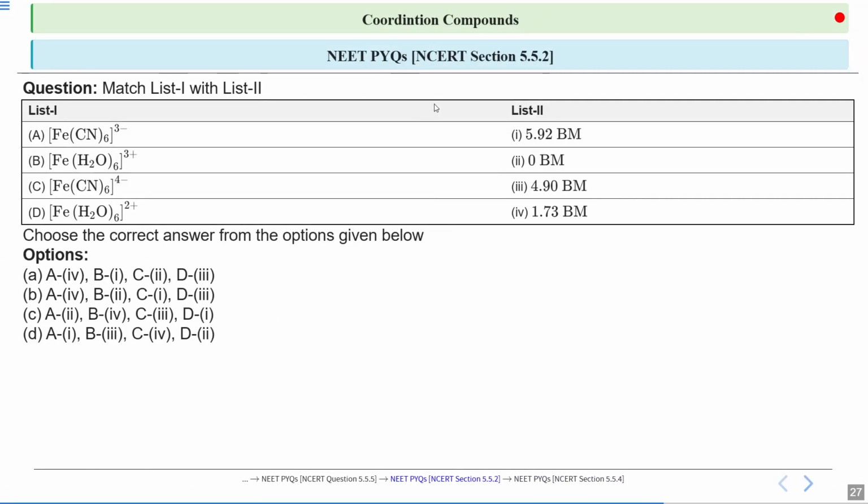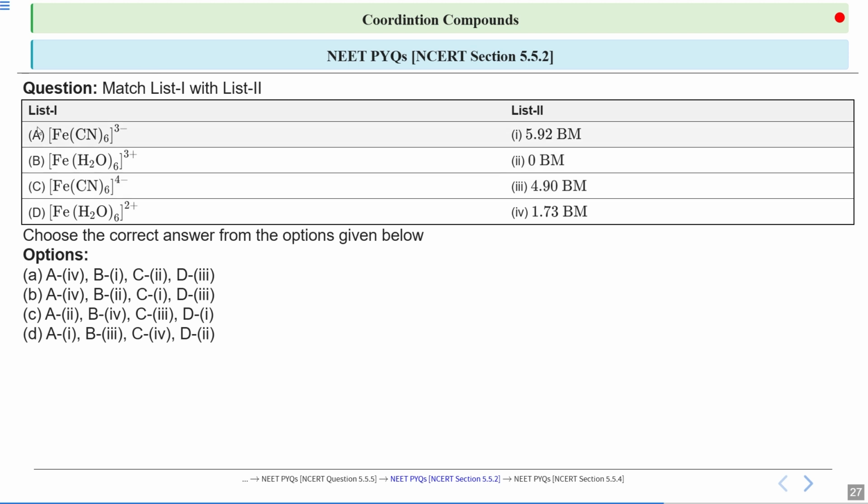This is a NEET PYQ covering the NCERT section 5.5.2. It is given as match list 1 with list 2, where list 1 contains different coordination compounds and list 2 contains the magnitude of the magnetic moment.